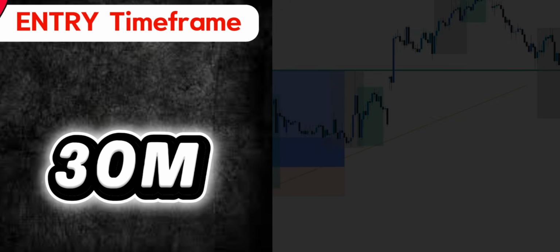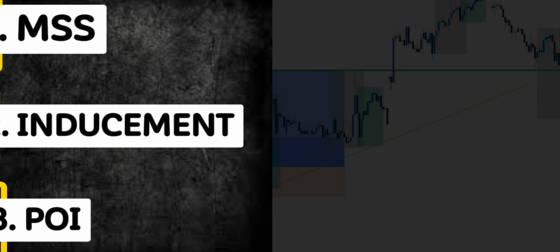On the 30 minute time frame, we look for entry, first of all by looking for a market structure shift, then focusing on the inducement, making sure that the price produces an inducement that will attract the price back to our POI. Then after you have discovered an inducement zone, you look for a POI below your inducement if you are buying and above your inducement if you are selling.